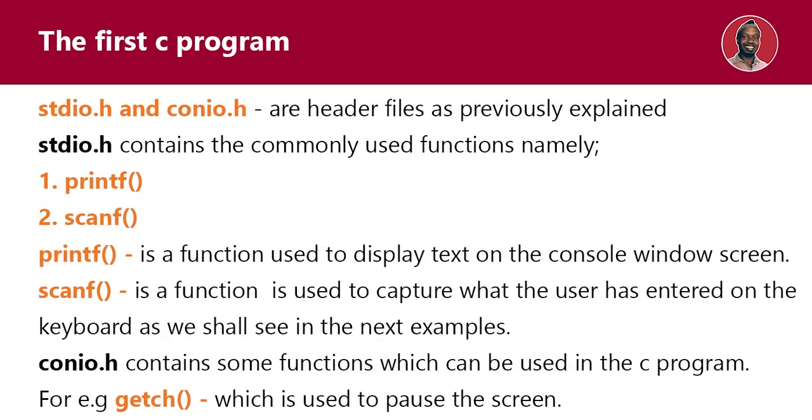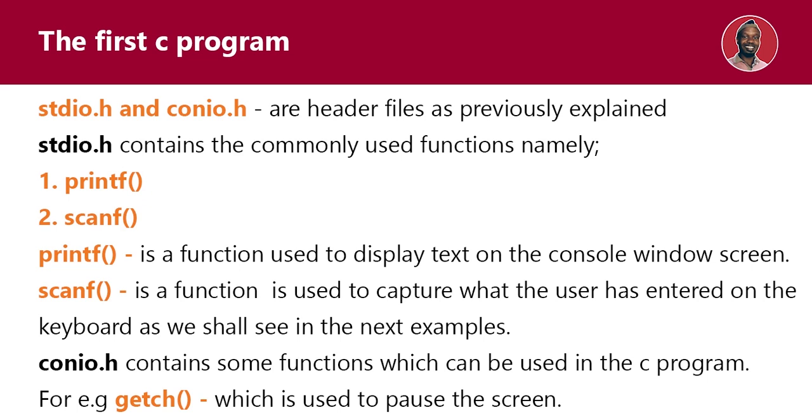stdio.h and conio.h are header files as previously explained. stdio.h contains the commonly used functions, namely 1. printf function, 2. scanf function. That's how functions are written.